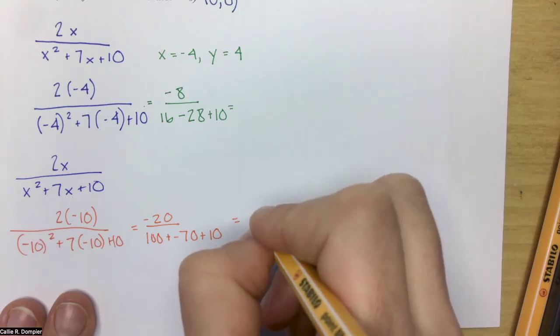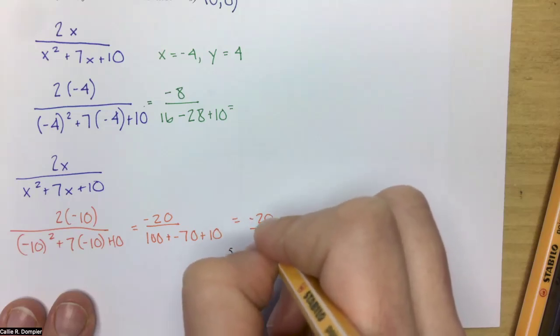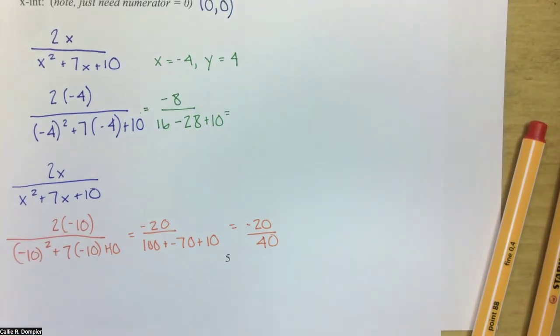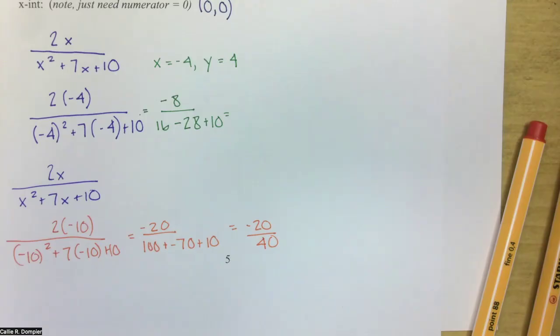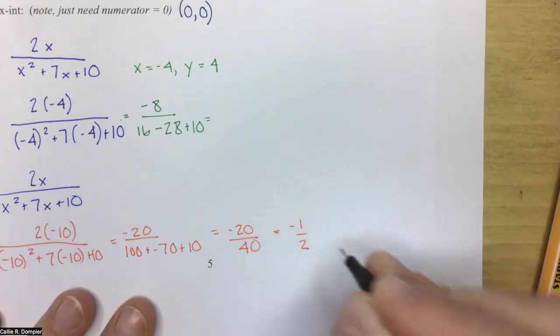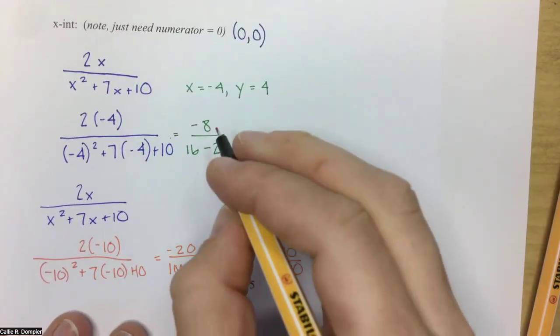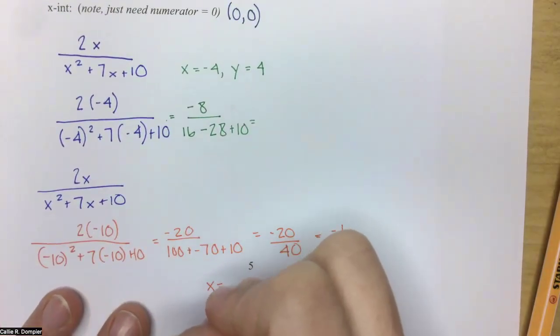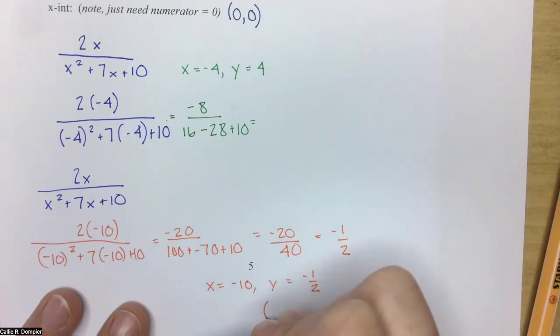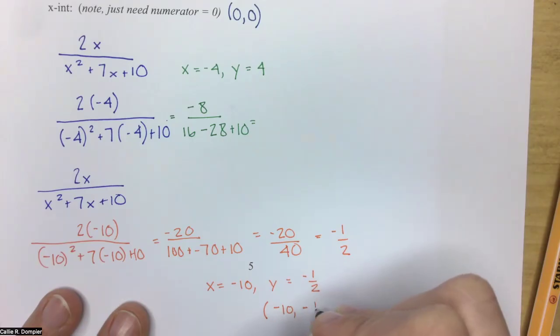So that would just be -20 over 40, which is just -1/2, right? So when x is equal to -10, y is equal to -1/2. So that's the point (-10, -1/2).